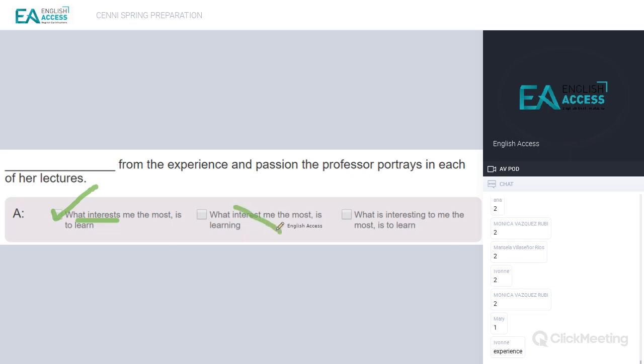So what interest me? No, because it has no s. But the first one has the s. What is interesting me the most? No. And remember that interest is a verb. It's an adjective when you say interesting or interested, but interest is usually a verb.